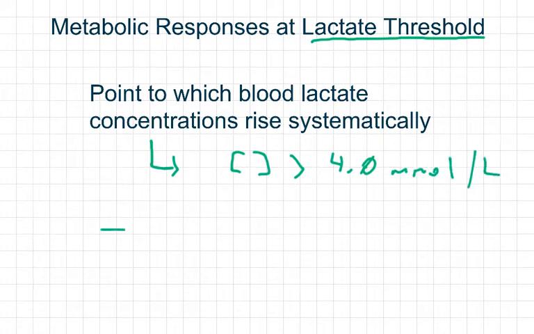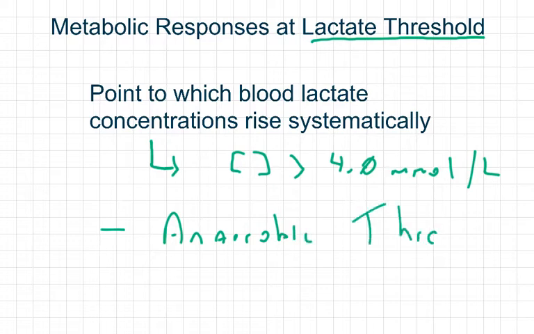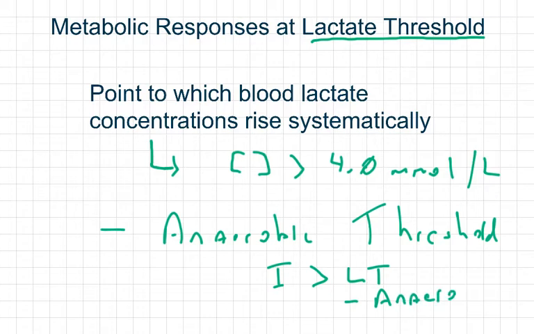It's also called, sometimes in other textbooks, anaerobic threshold, because any intensities greater than lactate threshold fall within the anaerobic pathways. There's more to this concept of lactate threshold and training at lactate threshold, but we'll get more involved with it later in this course when we dive into more detail about the VO2 max.